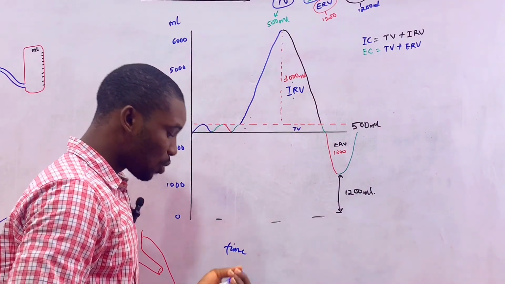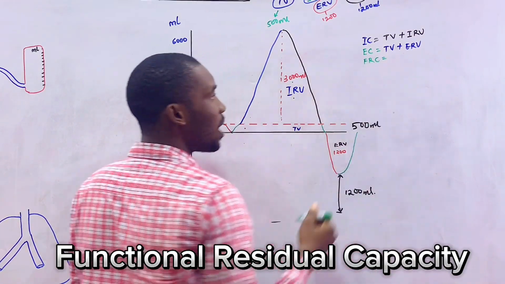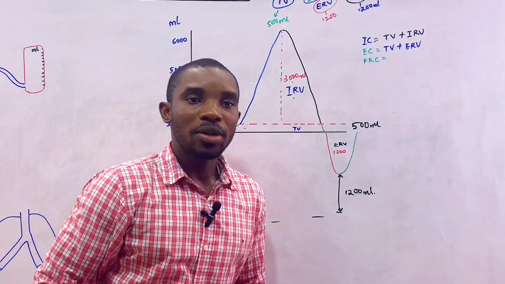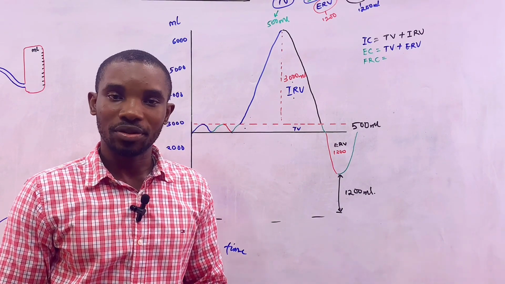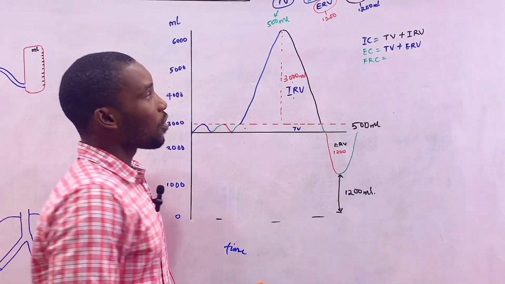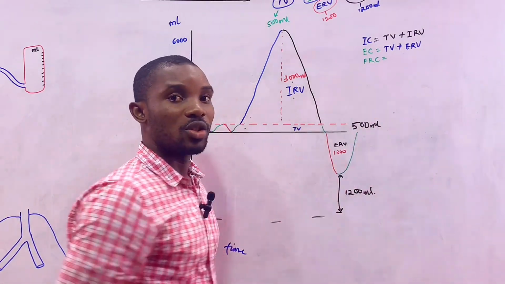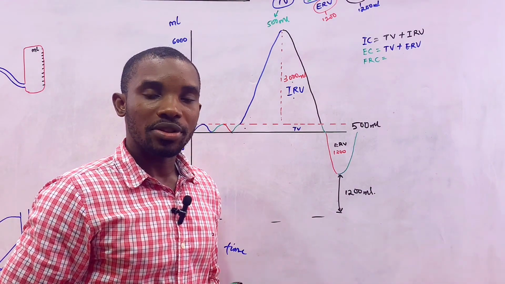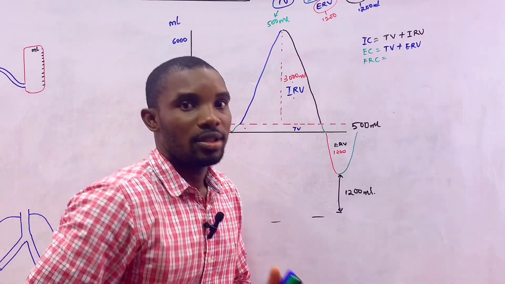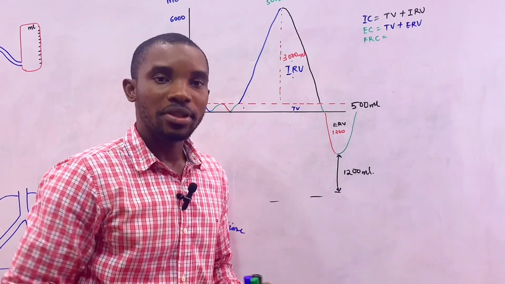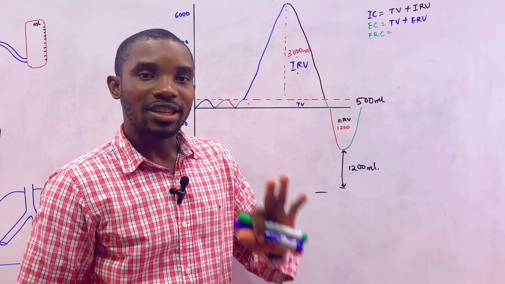Now the next capacity we'll look at is functional residual capacity. The functional residual capacity is the amount of air that is remaining after normal expiration. From the word functional, physiological, and residual, residue. So in a normal person that is not hyperventilating or having any respiratory issues, breathing in and out normally, after the person breathes out, there's a capacity remaining in the lungs.